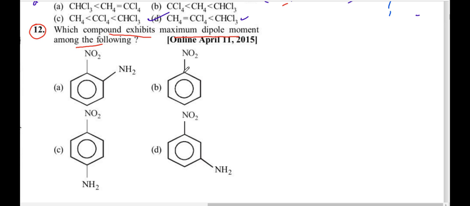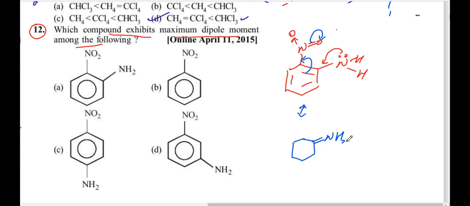See here, due to the resonance structure, N double bond O and oxygen, the lone pair is being given to the benzene. Here NH2 has a plus charge, here O minus, double bond.